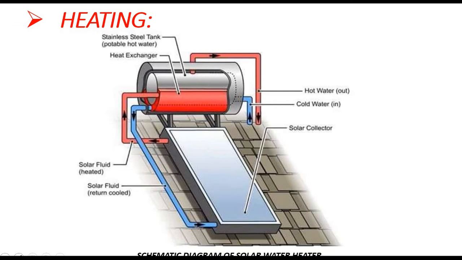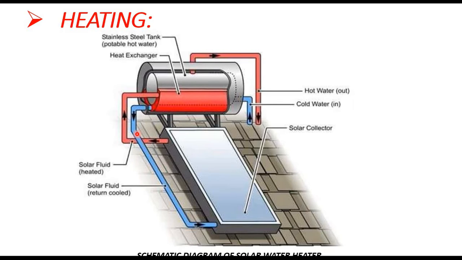Now, this is the schematic diagram for the solar water heater, in which it mainly consists of solar water tank, solar collector, this is the piping for the solar fluid, antifreeze solar fluid, this is the piping for the hot water and hot water outlet, and this blue pipe is for the cold water inlet. Same here, this is the red pipe for the hot antifreeze material and this is blue for the cold antifreeze material.